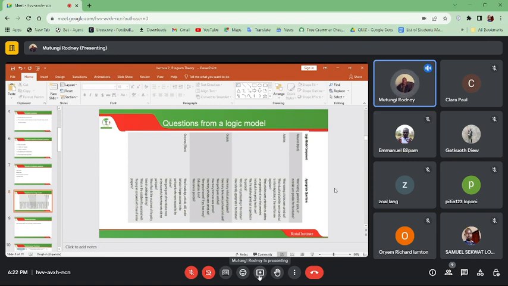So when we look at the resources, which were at the bottom, which are the springboard or the foundation of this program, we ask questions like what funding, what personnel, what space or materials were provided for the initiative.